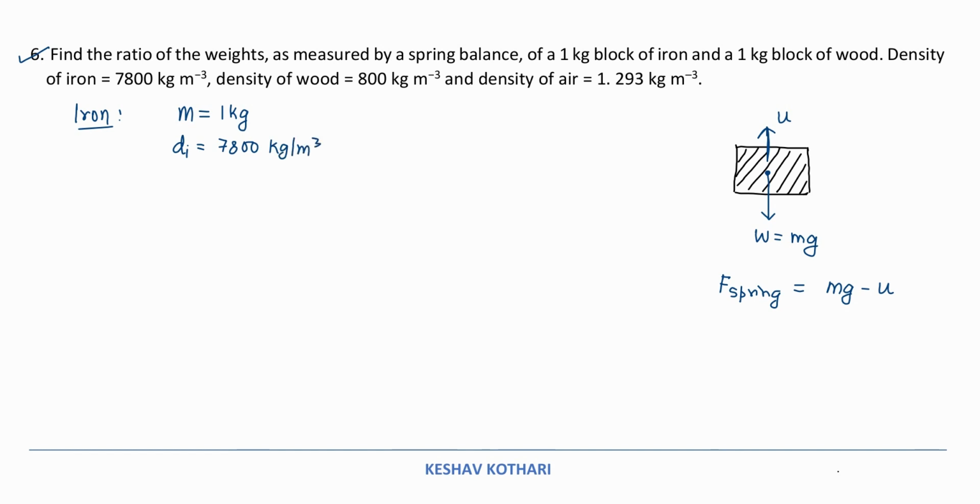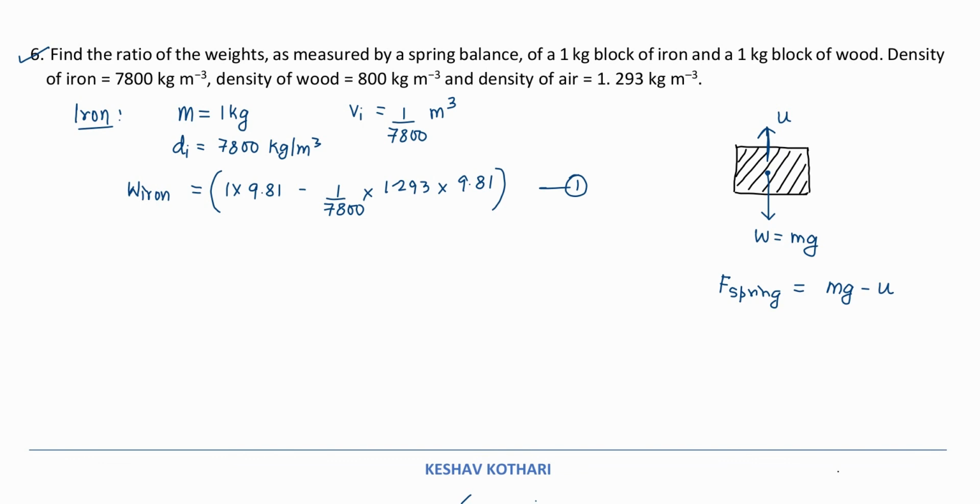So the volume of iron is equal to 1 upon 7800 meter cube, and hence the weight of iron as measured by the spring balance turns out to be mg, which is 9.81, minus upthrust, which is volume of solid times density of air, 1.293, times g, again 9.81. This is regarded as equation number 1.